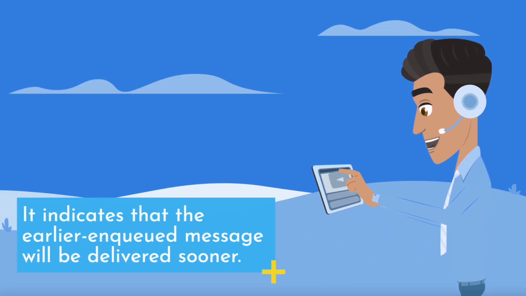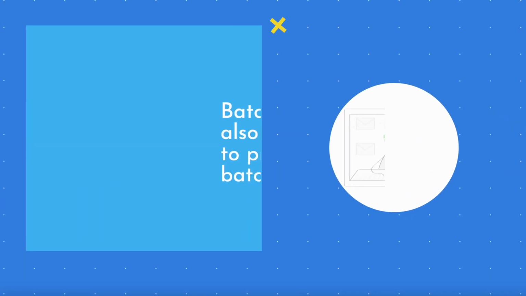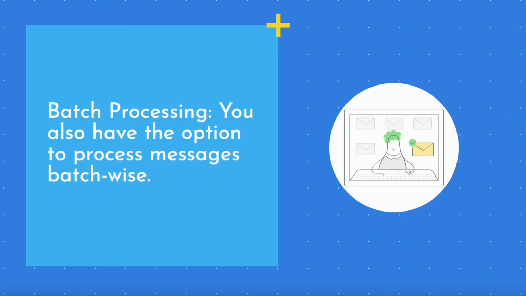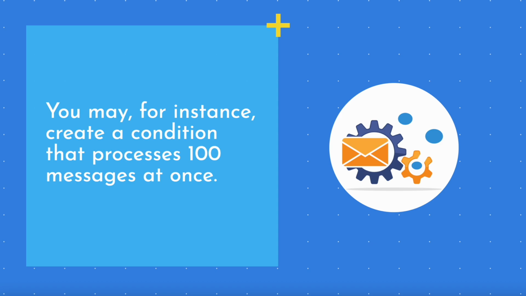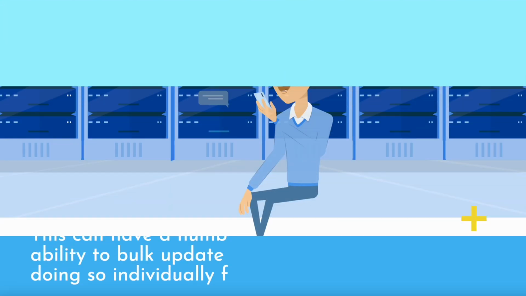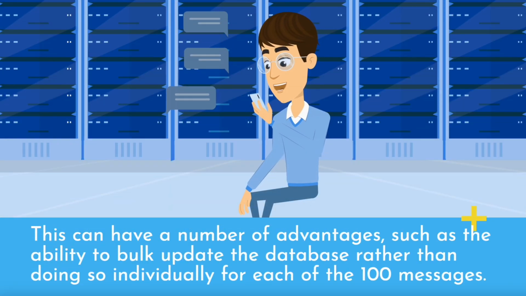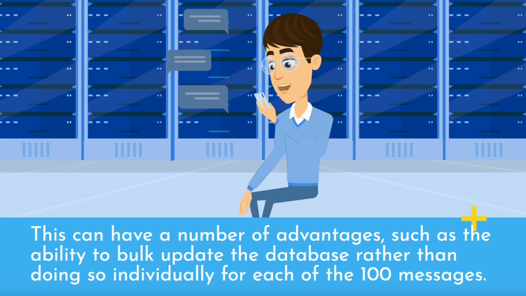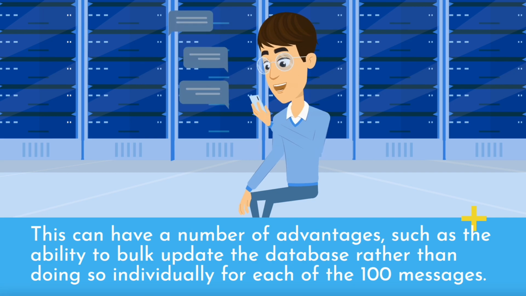It indicates that the earlier in-queued message will be delivered sooner. Batch processing. You also have the option to process messages batch-wise. You may, for instance, create a condition that processes 100 messages at once. This can have a number of advantages, such as the ability to bulk update the database rather than doing so individually for each of the 100 messages.